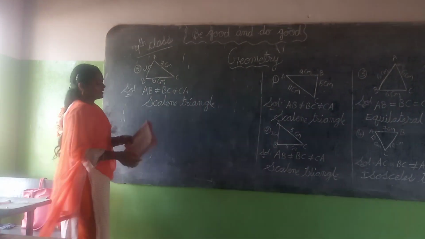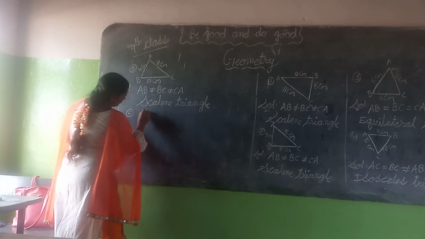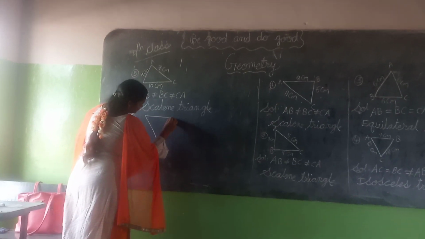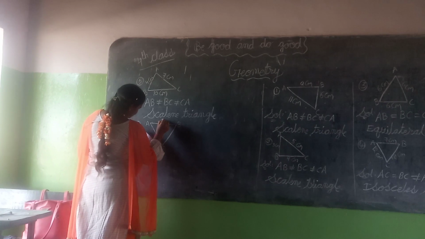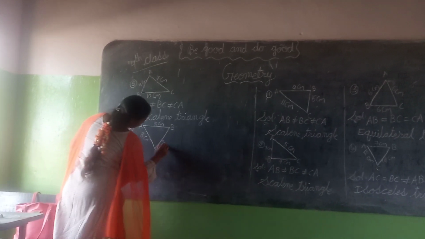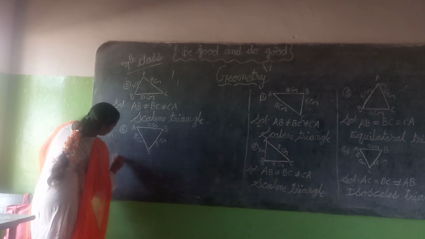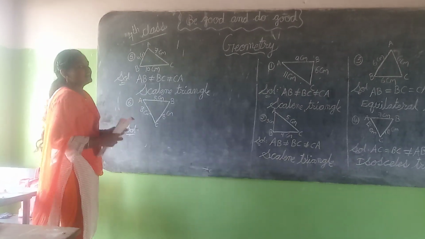Okay children, next, the sixth question. Draw this with vertices A, B and C. This side is 8 centimeters, this side is 8 centimeters, this side is also 8 centimeters. So three sides are equal.